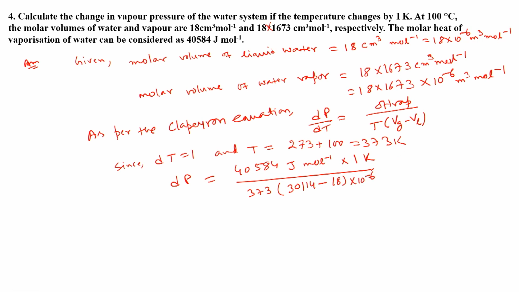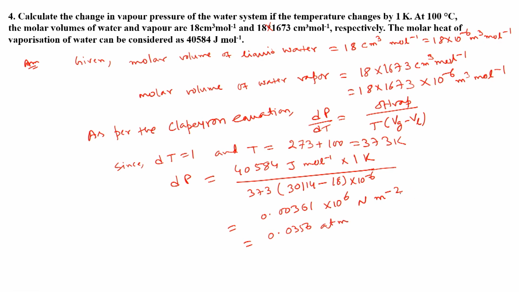Okay. So if you carry this out, we get 0.00361 times 10 to the 6 Newton meter to the minus 2. So, we get 0.0356 atmosphere.